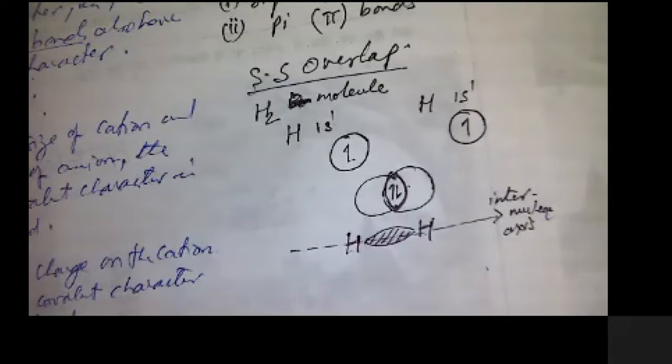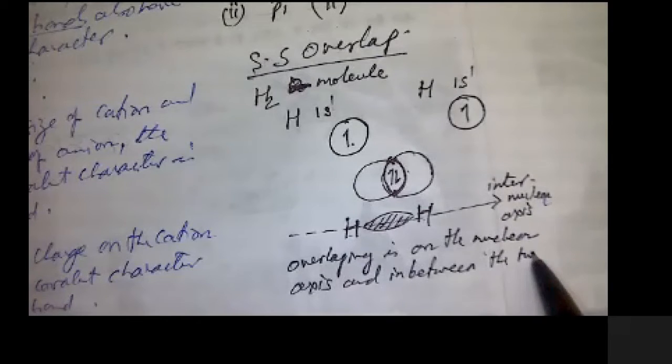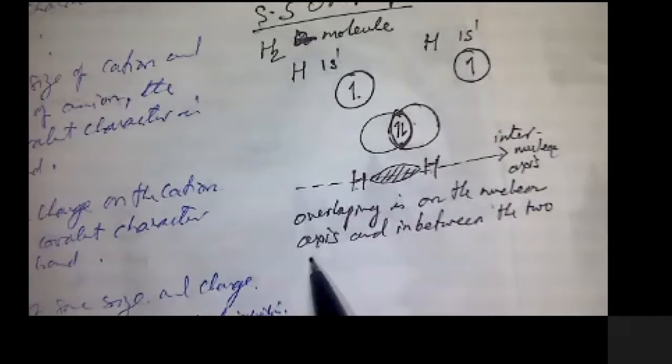Internuclear axis. If you see it properly, the overlapping is on the internuclear axis and in between the two nuclei.